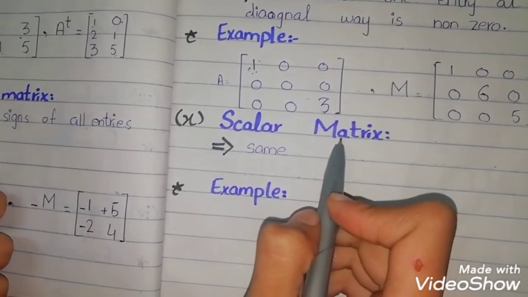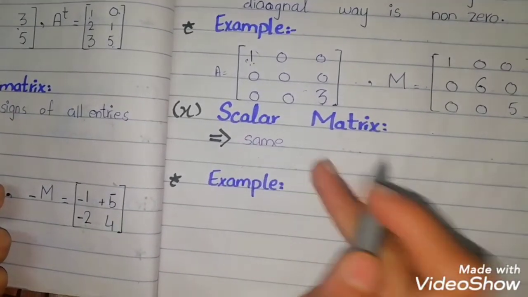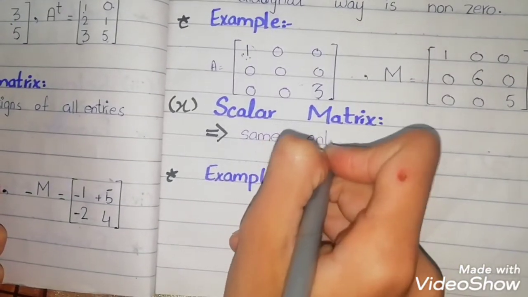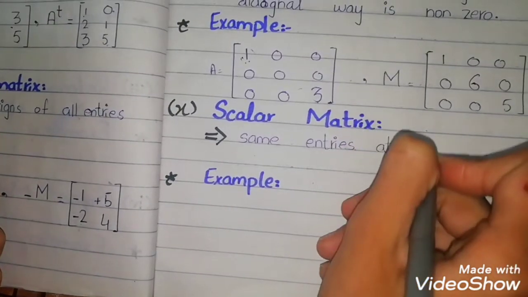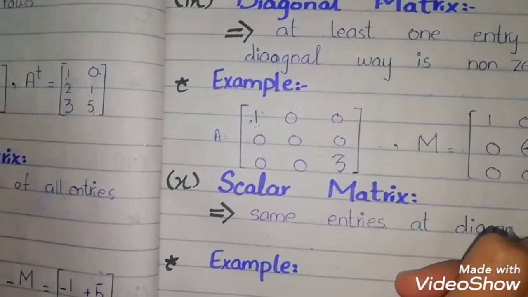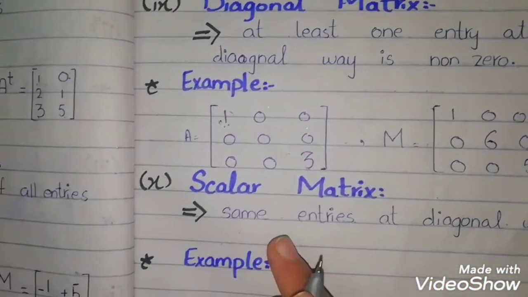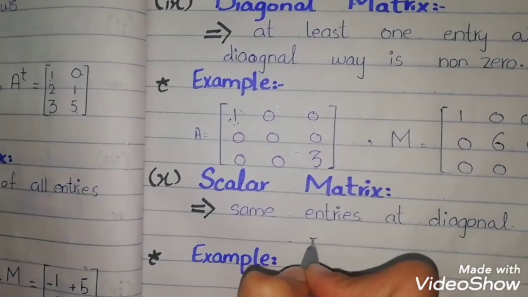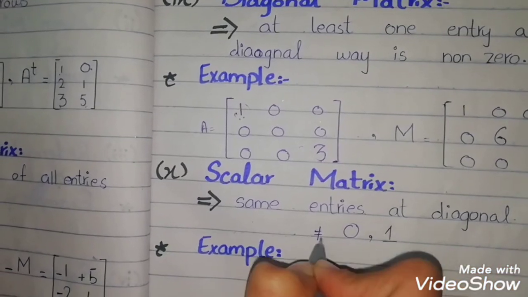Scalar matrix. A matrix is called scalar matrix if the entries at the diagonal way are same. But the entries at diagonal way cannot be equal to 0 or 1.